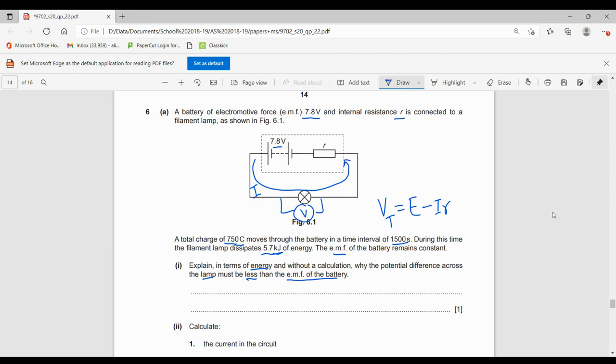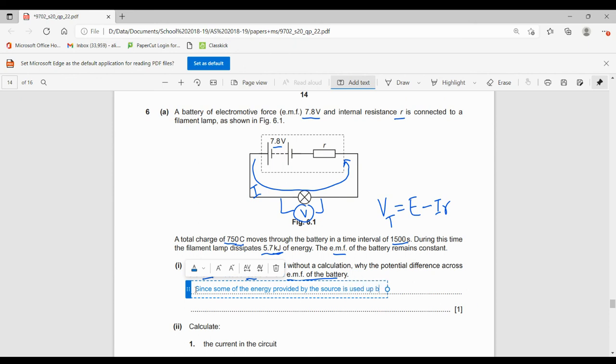So if I have to explain it in terms of energy for 1 mark, all I can write is: since some of the energy provided by the source is used up by the current in passing through the internal resistance of the battery itself, only the remaining energy is available across the lamp.